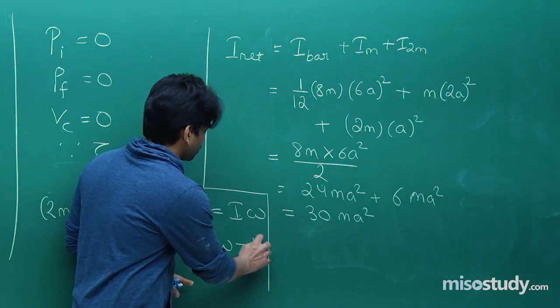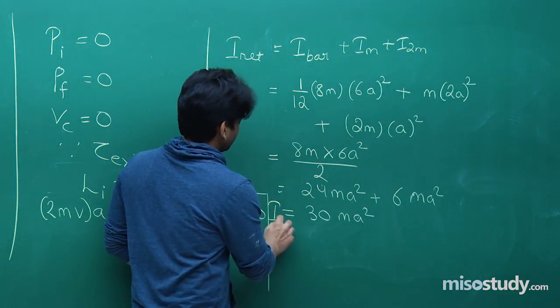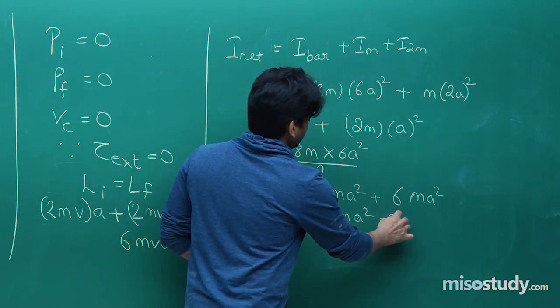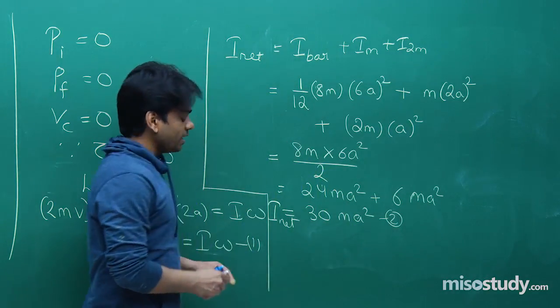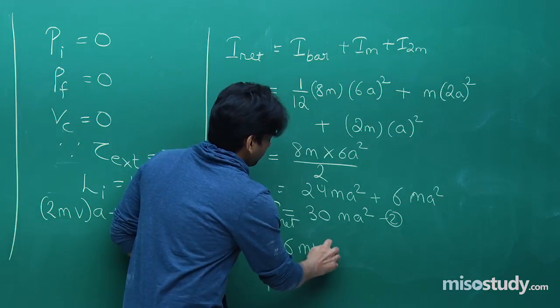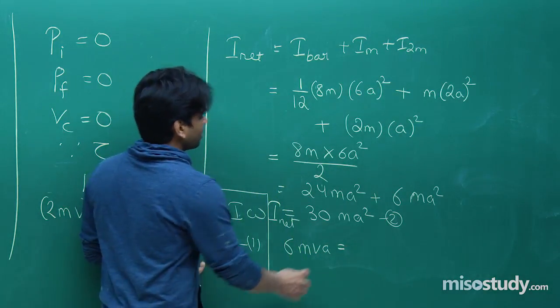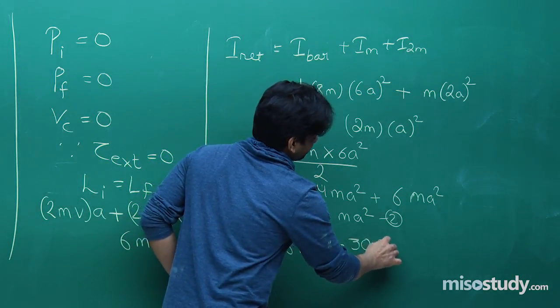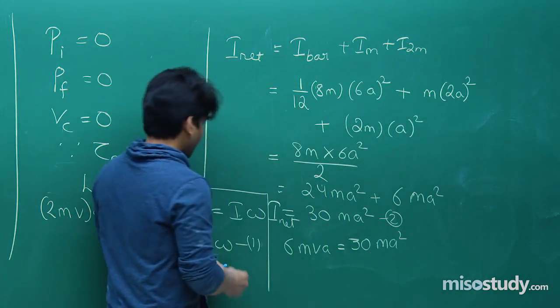If I mark this equation number 1 and I net as equation number 2, substituting the value of I net in equation number 1, 6 mva is equal to I net, 30 ma whole square, multiplied with omega.